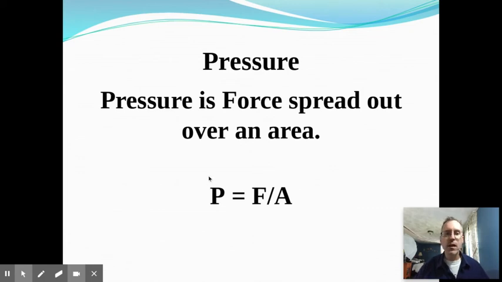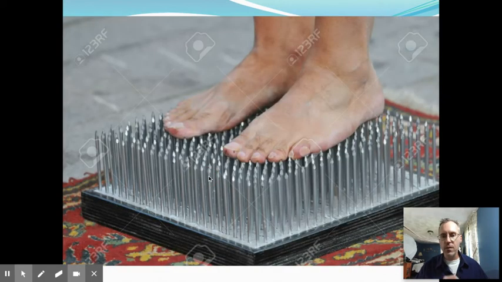Okay, causing it to indent or whatever. Okay, so here's a good picture to illustrate. Here's some dude doing something that I would never do. People can do this. All right. This is the old bed of nails trick. There are videos on YouTube on this. All right. Just search YouTube bed of nails, and you will see videos of people walking on beds of nails, laying down on beds of nails.